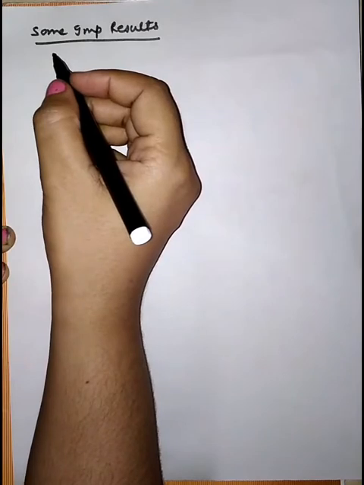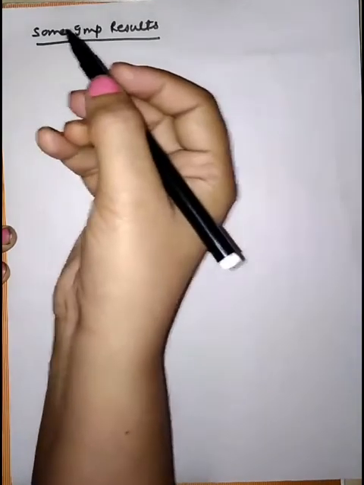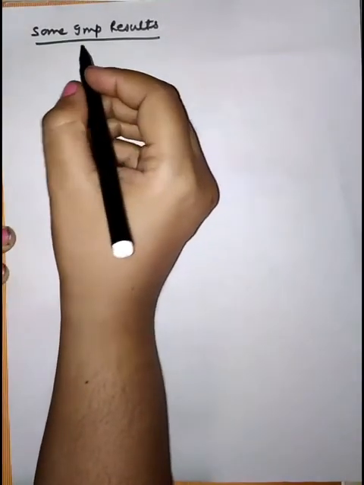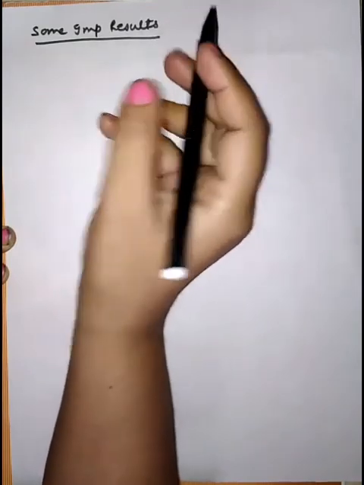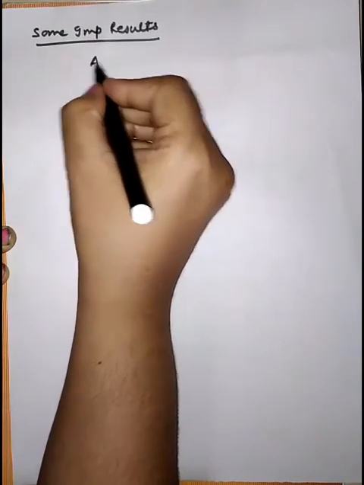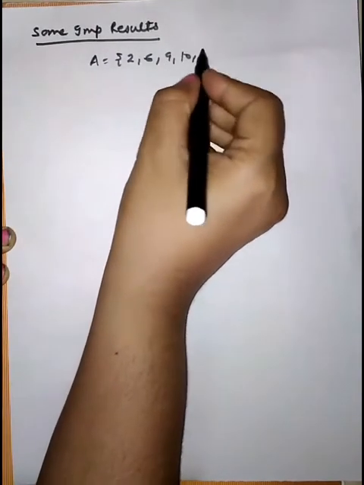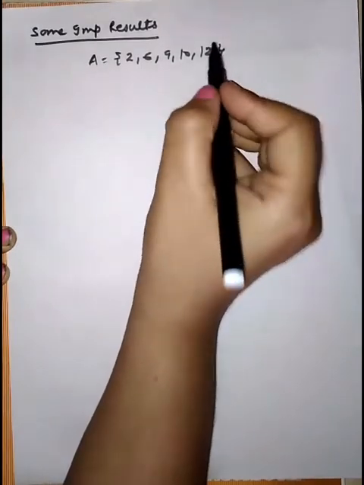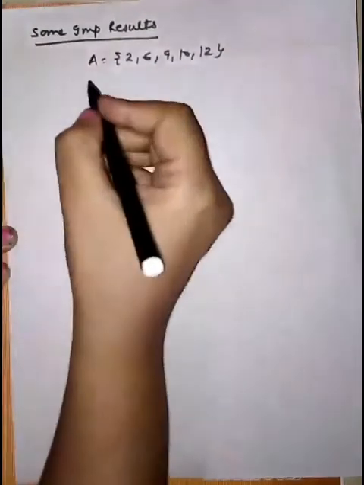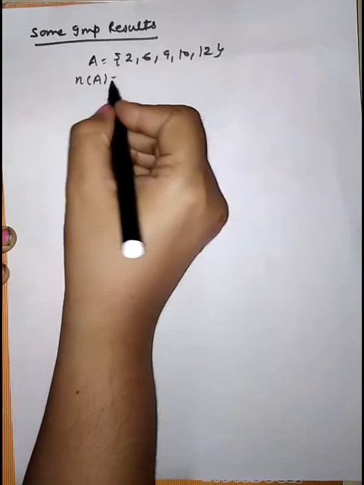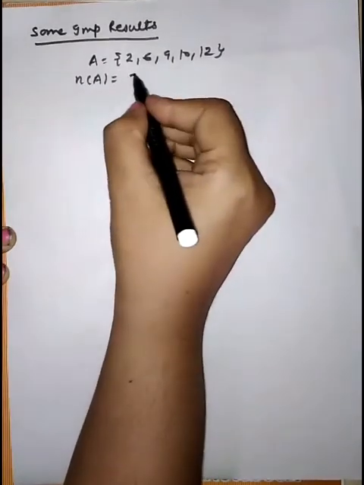I told you before about the cardinality concept. As you know, what is the cardinality concept? If you take a set A, suppose its elements are 2, 6, 9, 10, 12. If you want to count this set, you can write n(A) equal to 5.